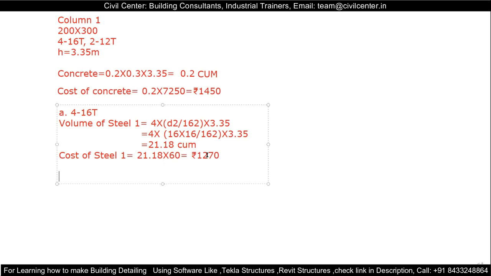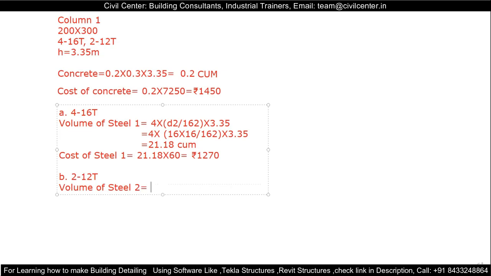Then we will calculate the volume of steel 2. So what is the second steel that we have? We have 2 12T, that is 2 extra reinforcements of 12 mm tor. Then we will calculate the volume of steel 2.